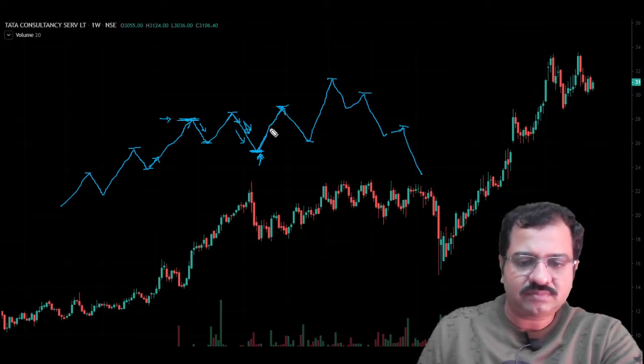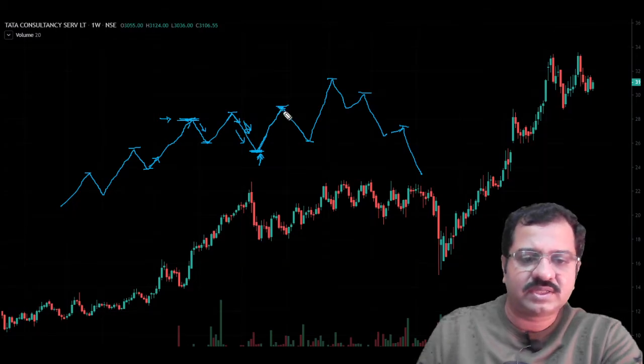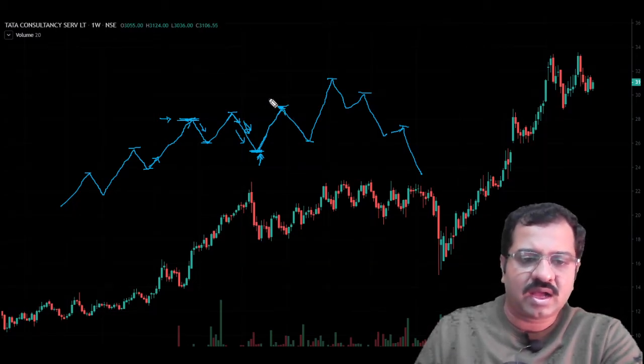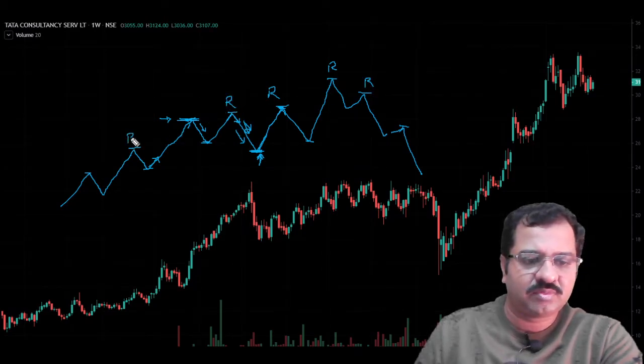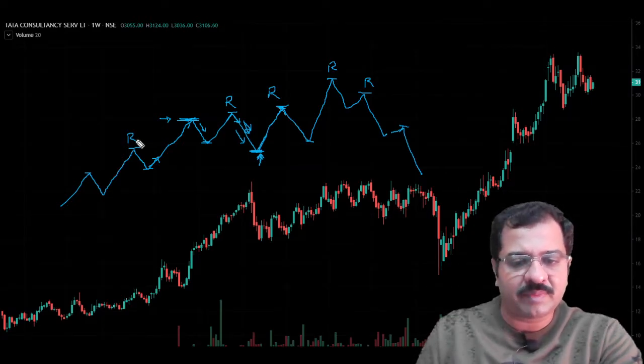Now these points, where buyers became weak and sellers became dominant, are called resistance points. Every such point is a resistance point, because at this point the reversal happened.